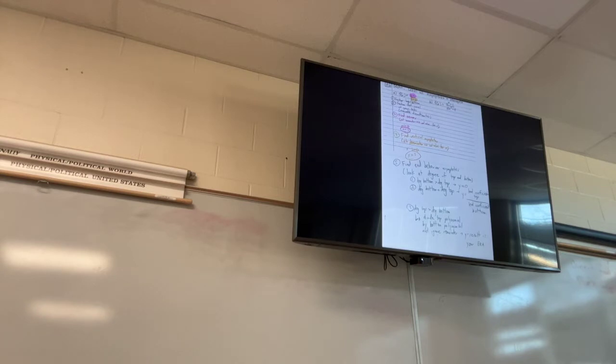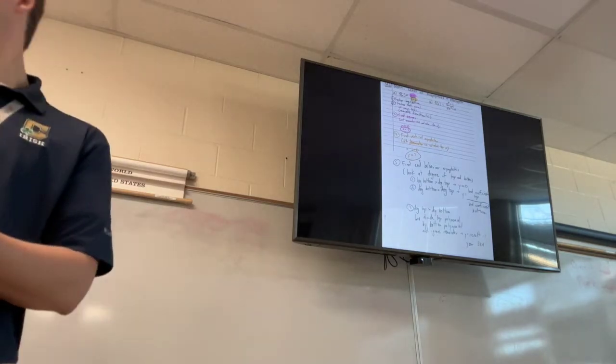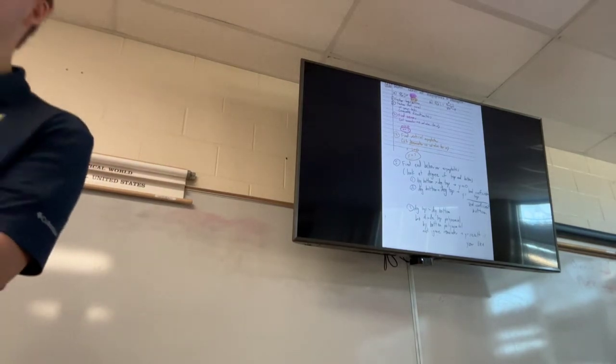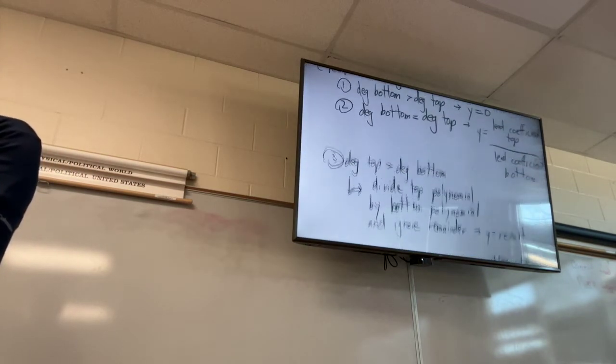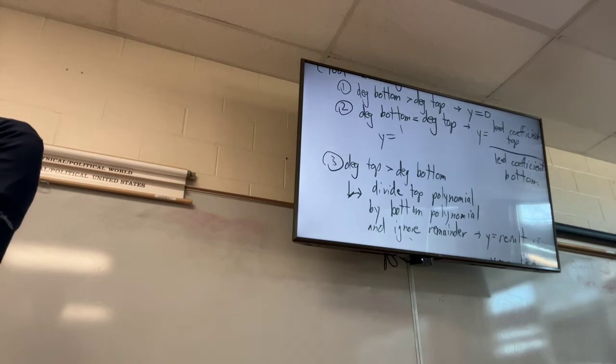For that one, why is it y equals 1, Maddie? Right, the degree of the top is equal to the degree of the bottom. When that's the case, we find our end behavior asymptote by dividing the lead coefficient of the top by the lead coefficient of the bottom. Here it's 1 over 1, which is 1. So here's our end behavior asymptote.